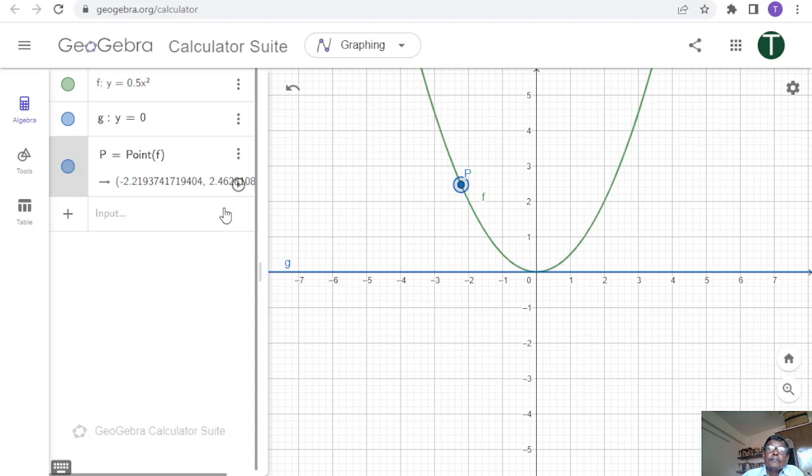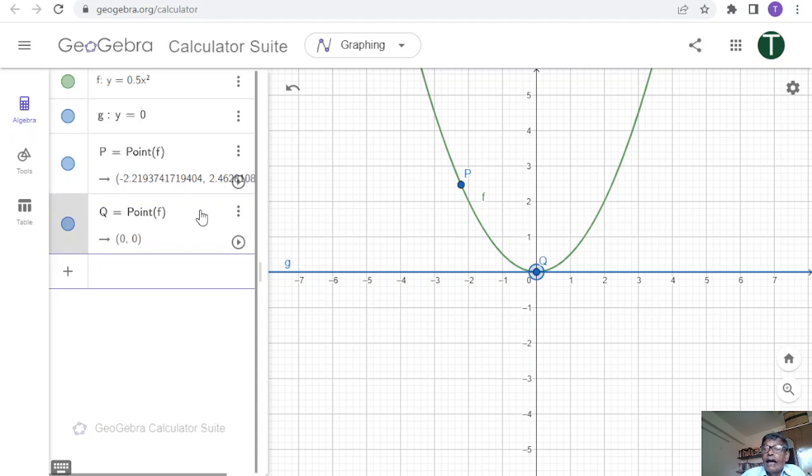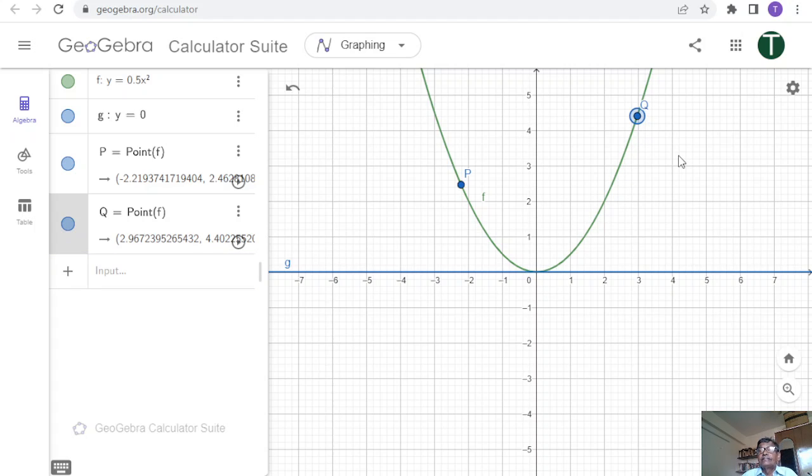Similarly, I create another point, Q is equal to Point on the same parabola f, and your Q is created, and Q can be placed anywhere you like.